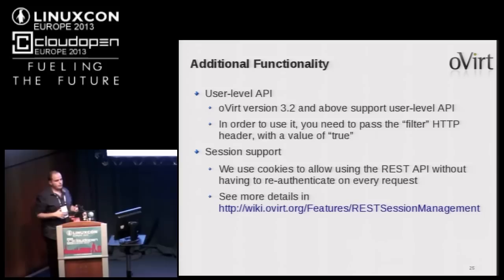In order to do that, we just added a new HTTP parameter that says that you would like to work with a filtered view because users are only able to see specific objects and not all of them. Administrators, by definition in our environment, can view anything. They can't do anything, but they can view anything.